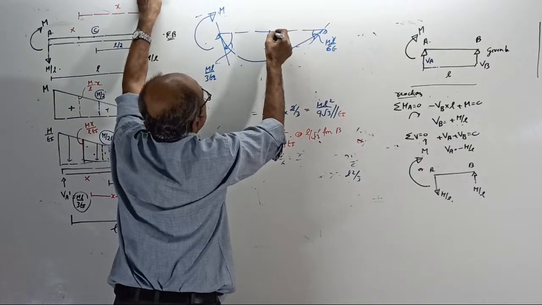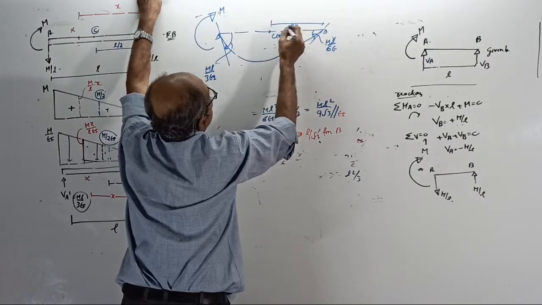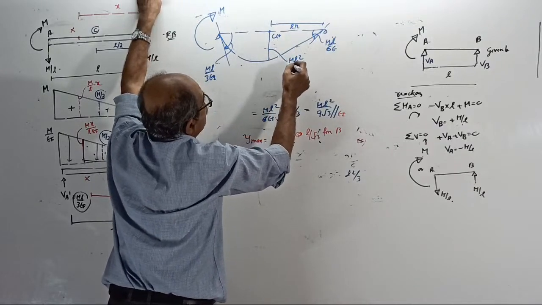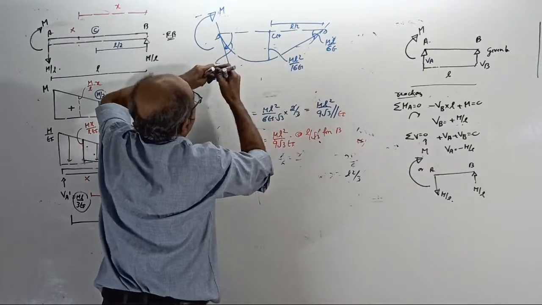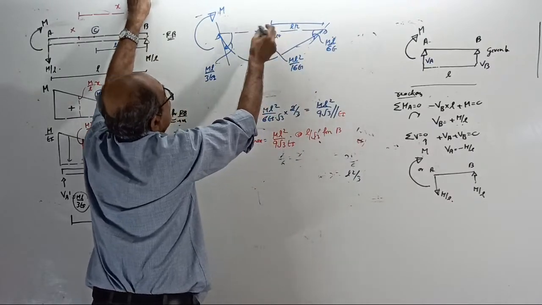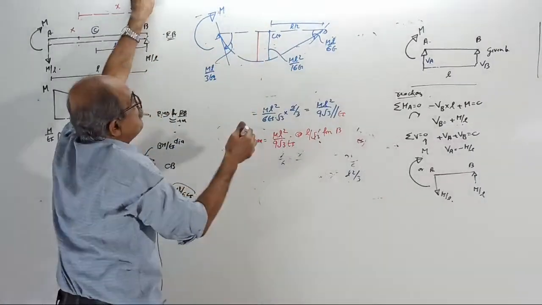If you come to the exact center, L by 2, the deflection is ML square by 16EI. Whereas the maximum deflection will cross the center, come near the support where the couple is applied.